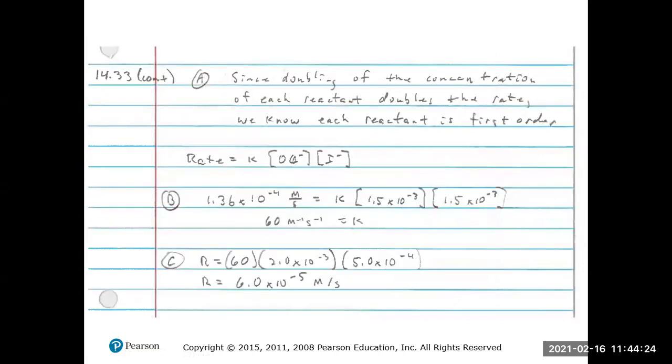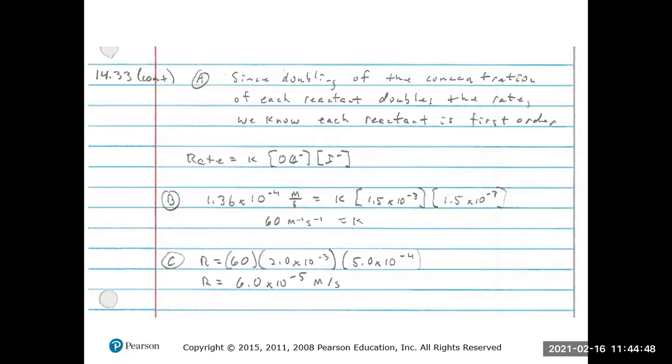So if I plug those values into my rate equation, I have 1.36 times 10 to the minus 4 as my rate, and that's equal to the rate constant, which is what I'm trying to determine, times the concentrations of the two reactants. And so that's 1.5 times 10 to the minus 3 times 1.5 times 10 to the minus 3.